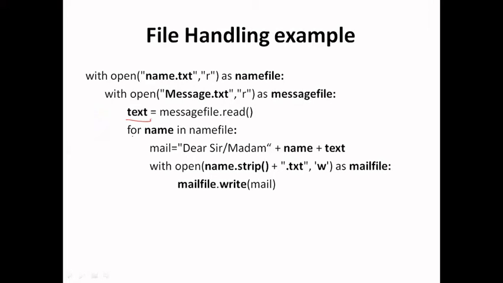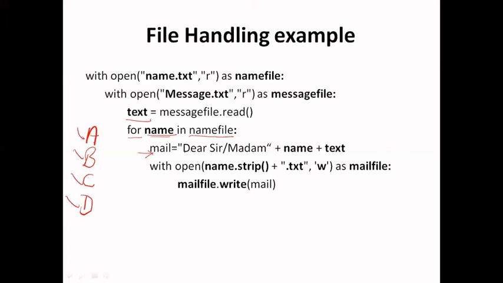This message will be assigned to the variable text. After that, we have used a for loop to iterate over the lines of the file name file, which contains four names A, B, C, D. This for loop will iterate over each line of this file. So first the variable name has value A, then B, then C, then D. Inside this for loop, we have written a string, mail equals to dear sir or madam.